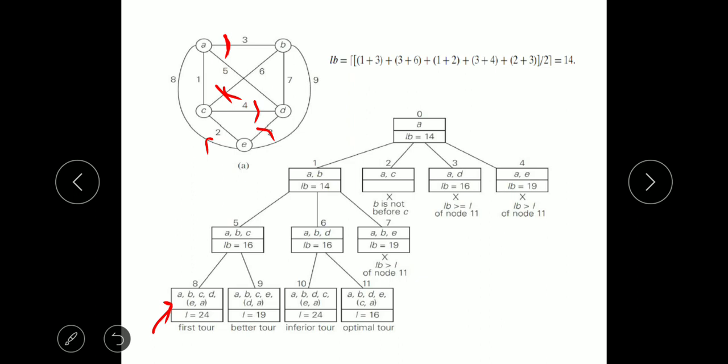Let us see how we calculate the lower bound. Please note the calculations here.